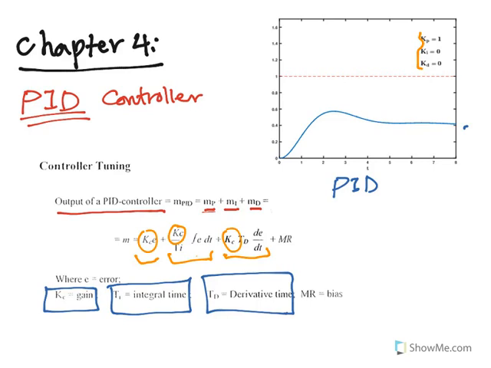So here KP is the gain for proportional, KI for the gain for integral, KD is the gain for the derivative. So if we change the gain for the proportional only, we'll have more overshoot for the process, and we're gonna have the offset here.